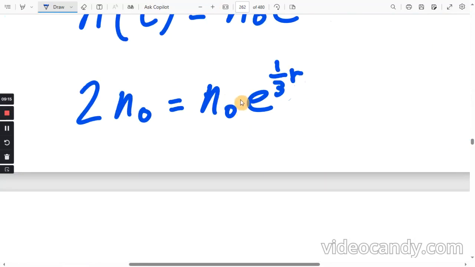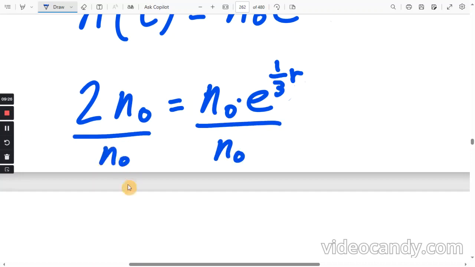This is N sub 0 times e. We want to isolate e with the exponent, so we're going to divide both sides by N sub 0, because this is times N sub 0. The opposite is divided by. It cancels on the right, and it cancels on the left as well. We're left with 2 equals e to the power of 1/3 r.